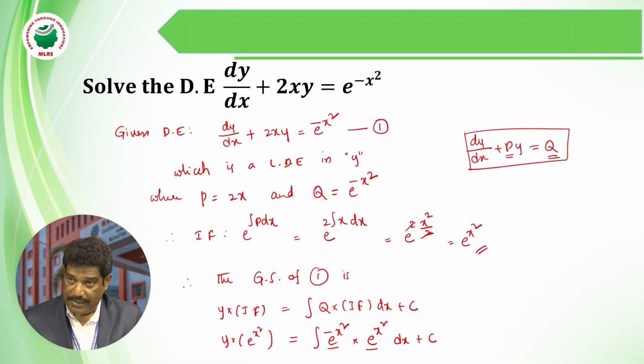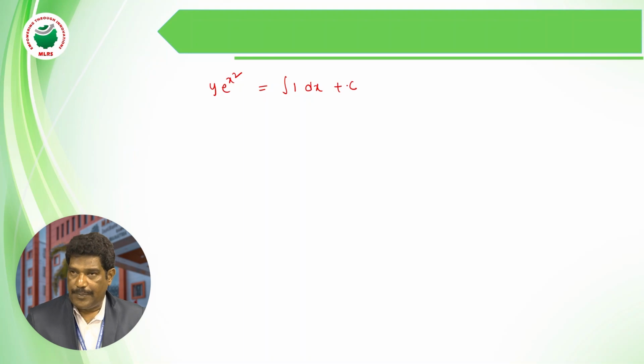Minus x square and plus x square both cancel. Remaining is e power 0, which equals 1. Then y into e to the power of x square equals integration of 1 into dx plus c. Now the integration of 1 will be x plus c. So y e to the power of x square equals x plus c. That's it, which is our required solution.